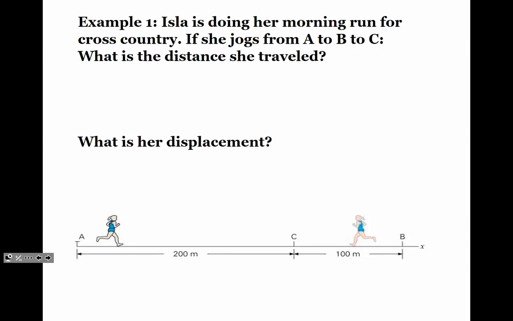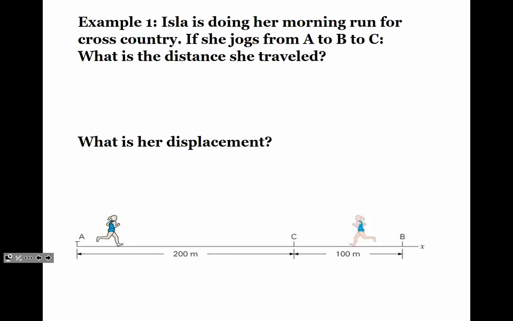So here we have a little cross-country runner, and she has traveled a distance. And her distance traveled is from A to B, then B to C. So her A to B is actually 300. Now you can write this a couple of different ways.